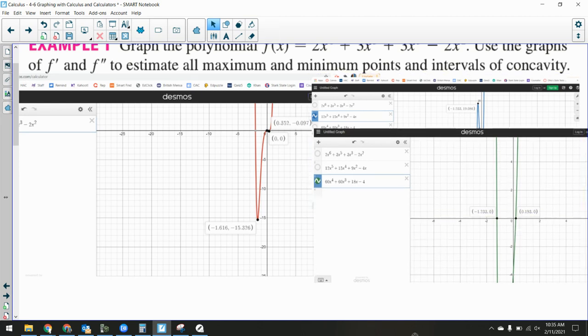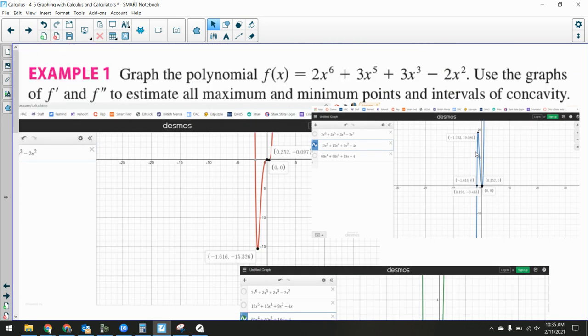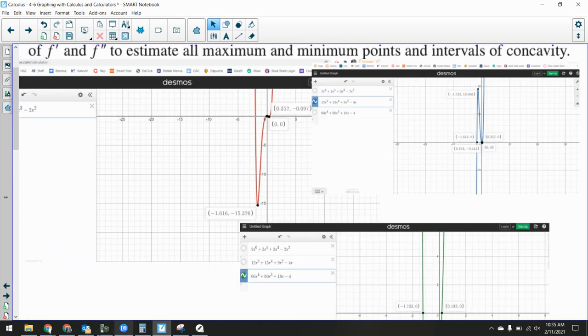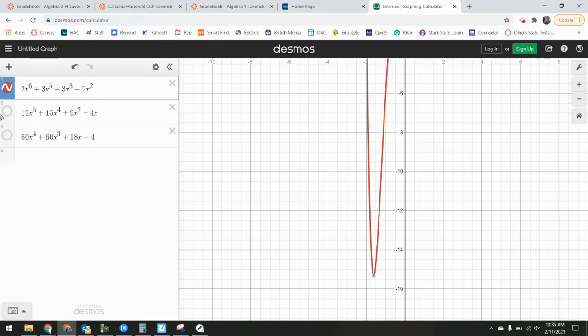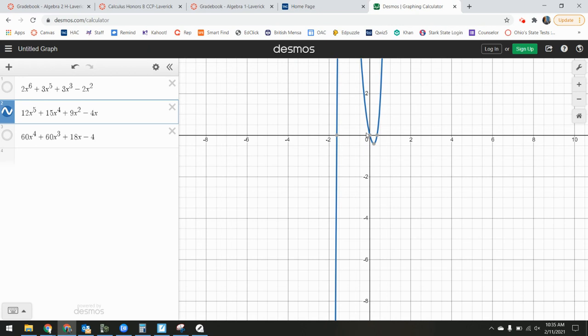I know since the zeros of the first derivative are negative 1.616 and 0.193. Let me go back to this so I don't have to look at something really small. Here are the zeros, right?